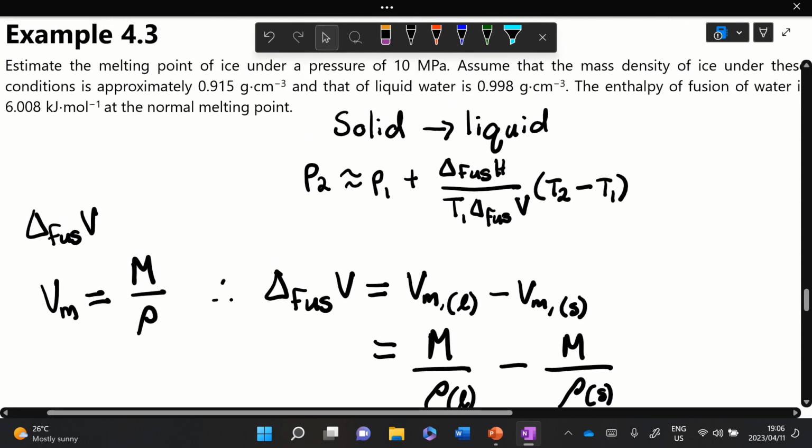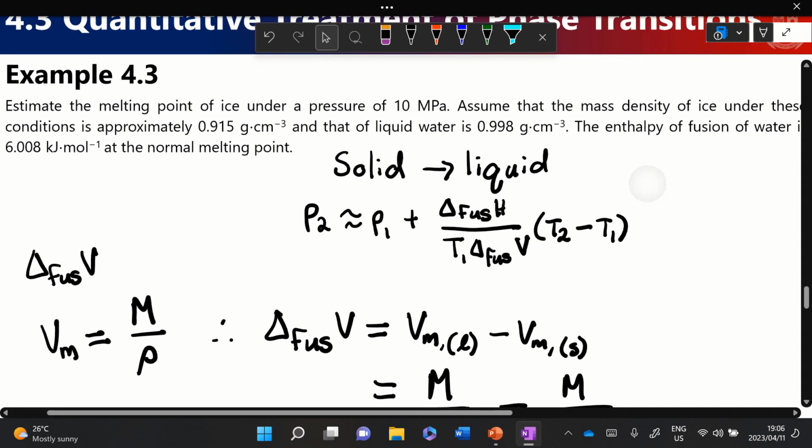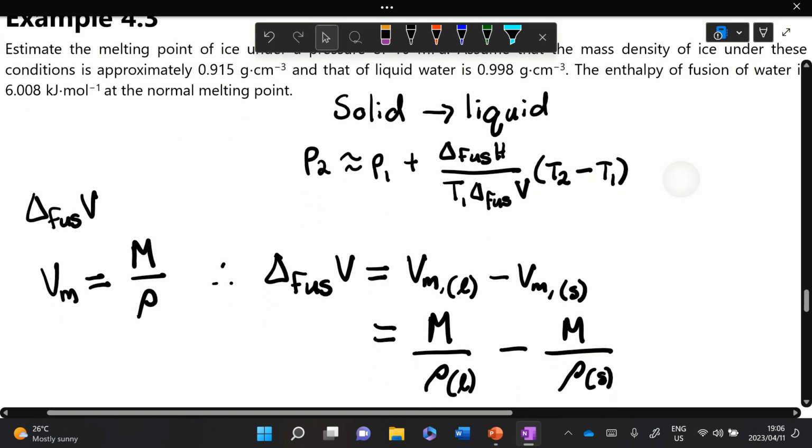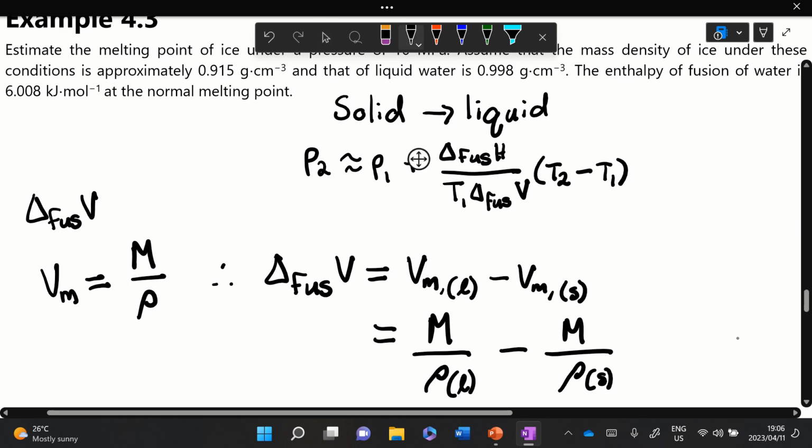Okay. Also, we need to estimate the melting point. In other words, we're interested in T2.